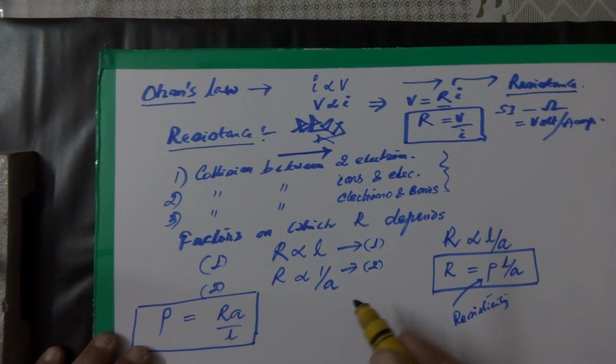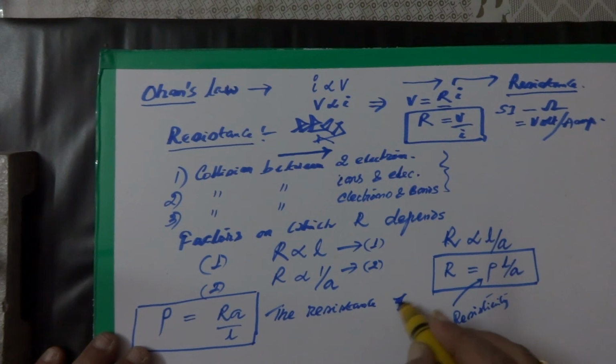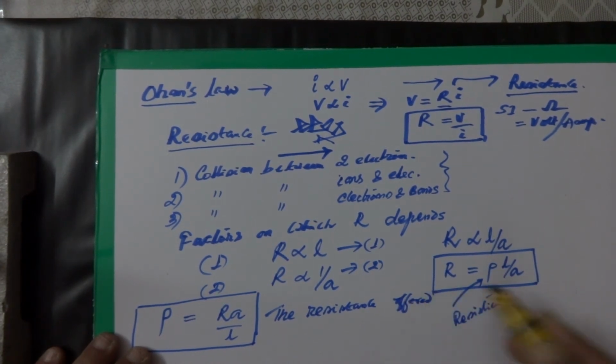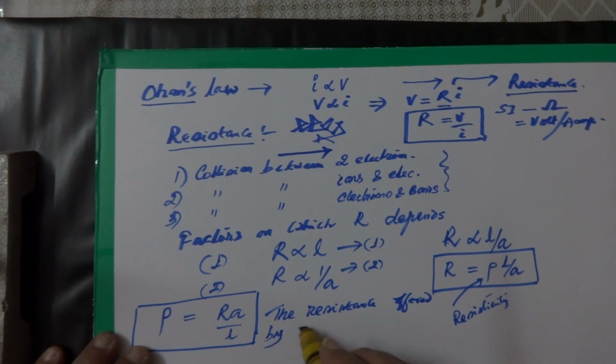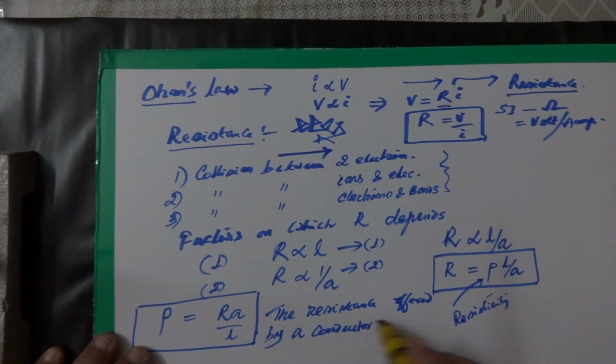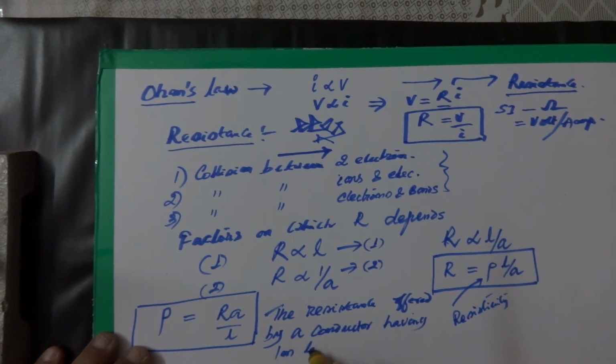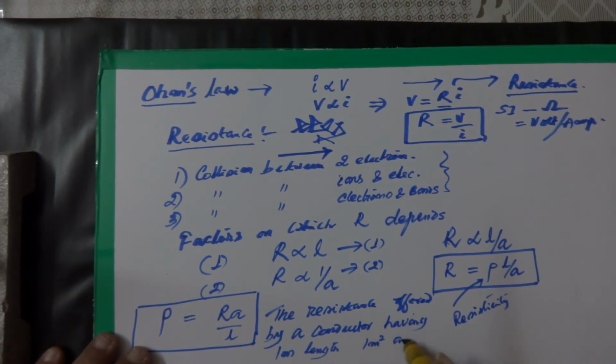Then it is the resistance offered by a conductor having 1 meter length and 1 square meter area of cross section.